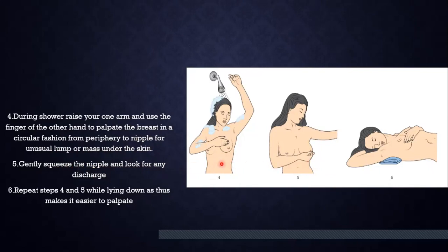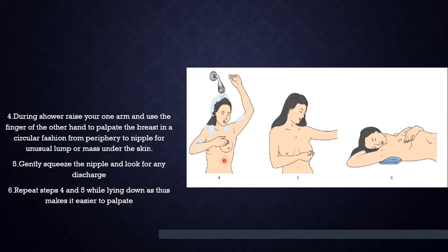Then repeat steps 4 and 5, but when repeating them you want to be lying down, which makes it easier to palpate. This doesn't necessarily have to be during showering, it can be after.